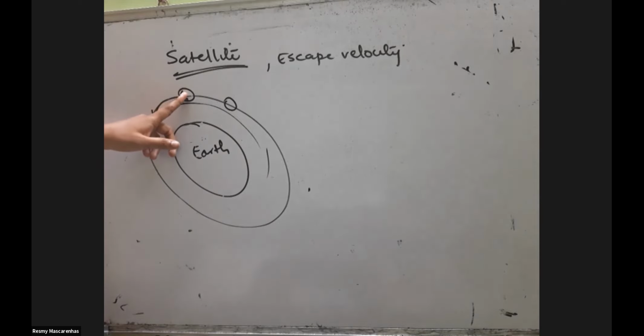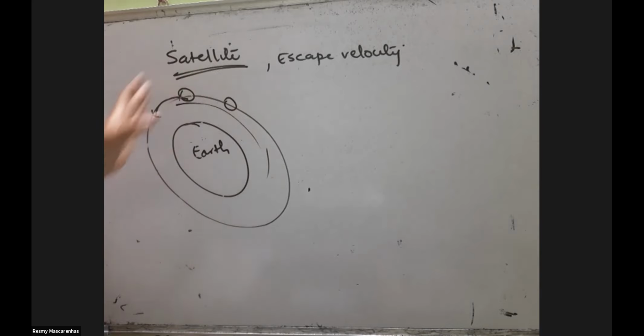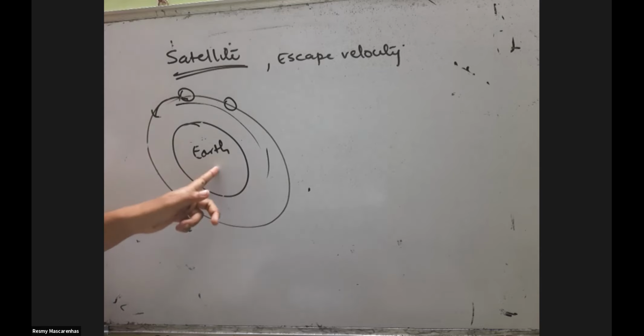This fellow doesn't have to put in his energy to roam around. Automatically it's revolving because of the force of gravitation. The moon is not generating energy to revolve. It is going under the influence of the earth. So this is what you have to know.